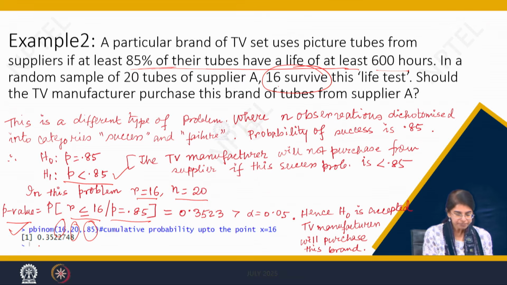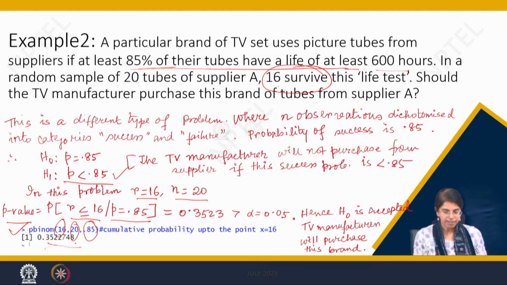Clear? So, that cumulative probability comes as 0.35227. Now, if you fix your alpha as 0.05, then clearly this cumulative probability is bigger than 0.05, and that means the null hypothesis is accepted. Clear? So, what does it mean to accept, or fail to reject, the null hypothesis?